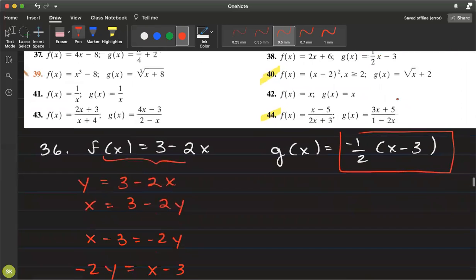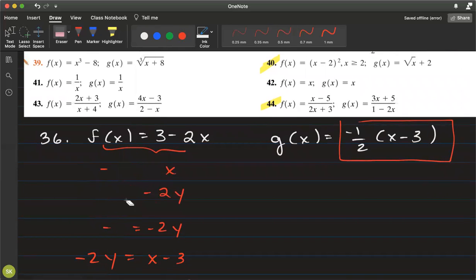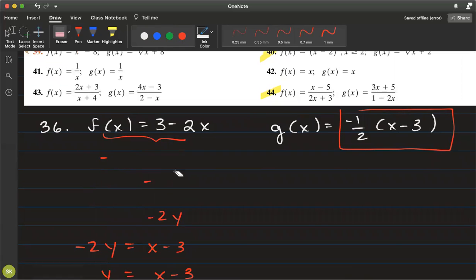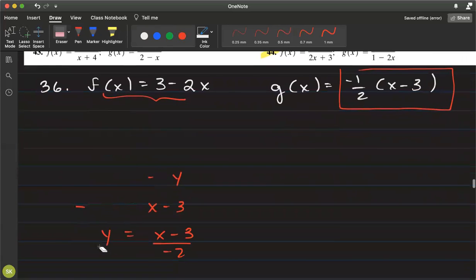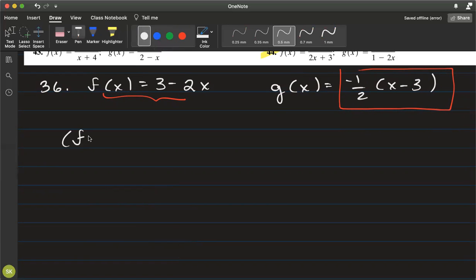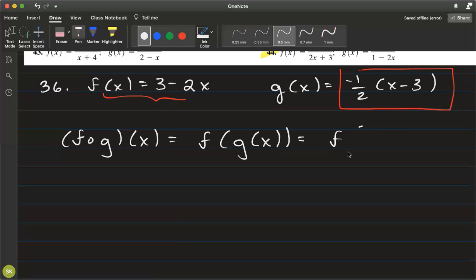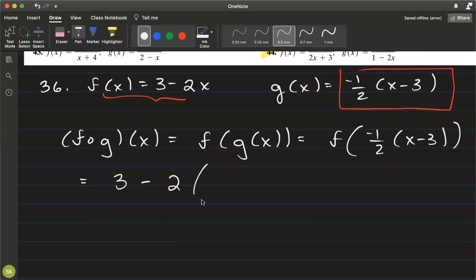So let's do that for some practice here. Okay, erase all of that. So let's start with f composed with g of x. Well, this is f with g plugged in, which is f with negative 1/2 x minus 3 plugged in, which is, well, f is 3 minus 2 times, and now I'm going to plug this one in, negative 1/2 x minus 3.